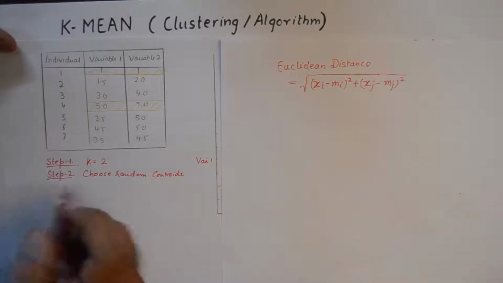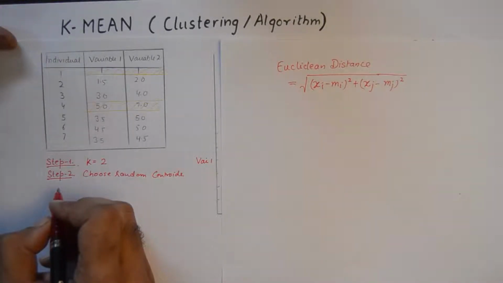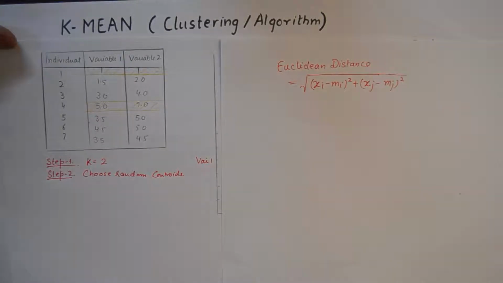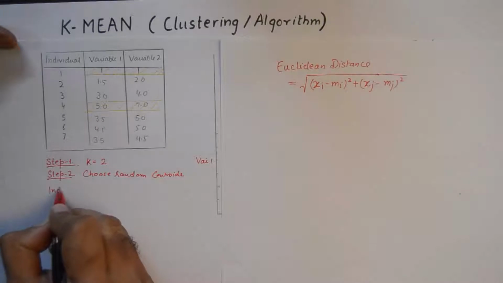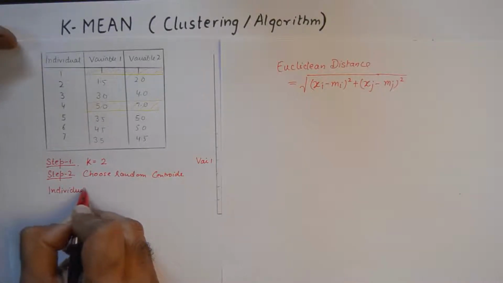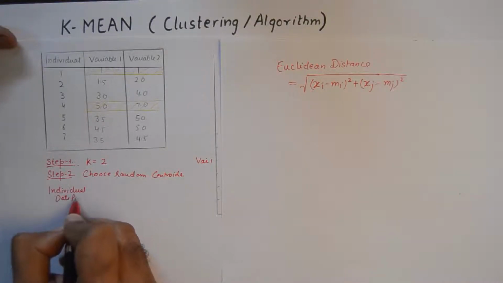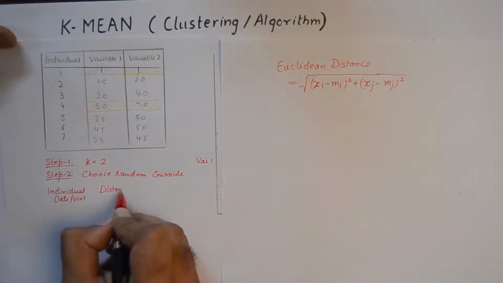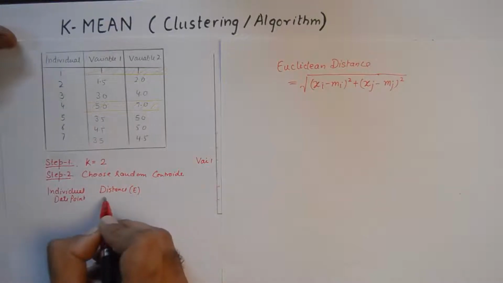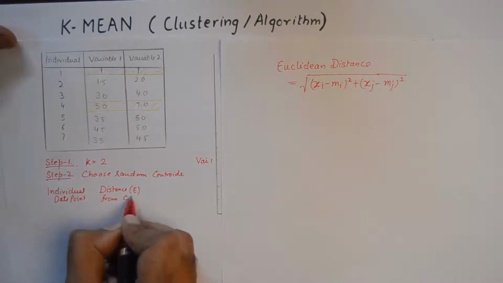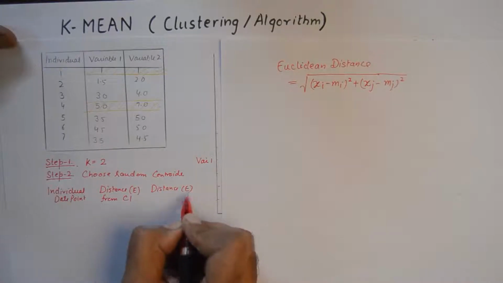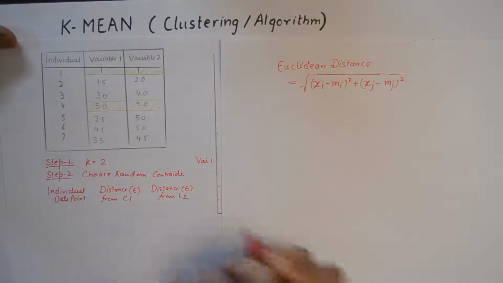So what I'll do is I'll make a table here, and in that table we could say this is the individual data point, and this could be the distance, which is Euclidean distance from centroid 1, and Euclidean distance from centroid 2.